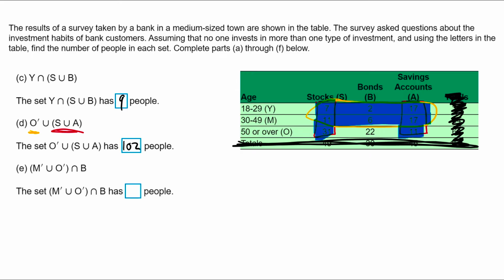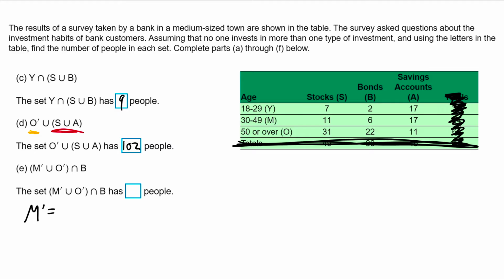So when we look at unions, look at one piece, and then separately look at the other piece, and then put them together. All right, let's move on to the last part. M complement union O complement intersect B. Let's write this out.